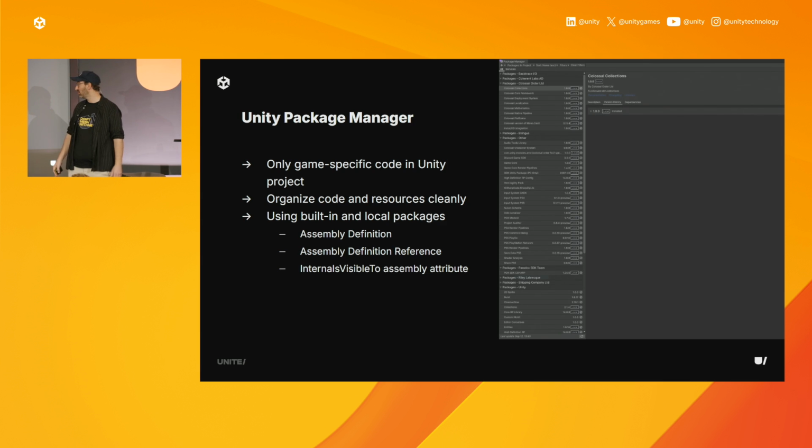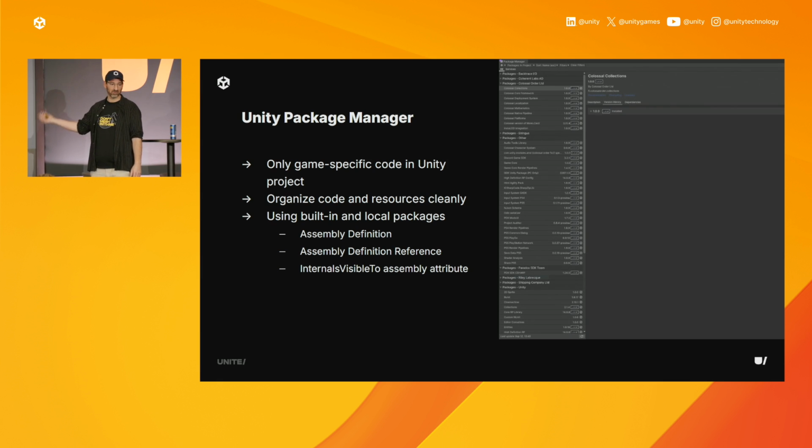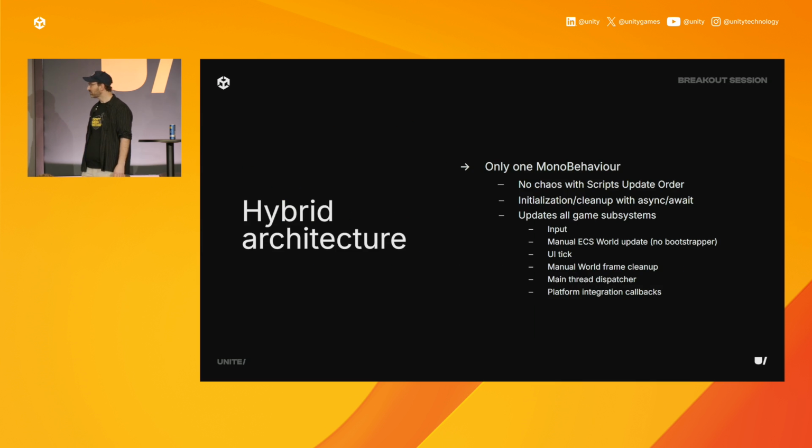So the code remains pretty clean, and we can focus on the game in the game project, and we don't have to touch the rest outside of the project. So we have good dependency management when it comes to that, and the Unity Package Manager has been really useful for us because it speeds up development time, compilation time, all those things. So I recommend using a local package if you get the chance.